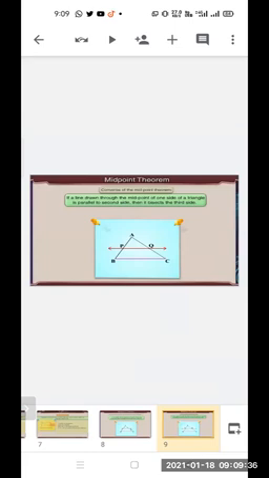If you consider AB in triangle ABC, P is the midpoint of AB, and the line passing through it is parallel to BC, then it bisects the third side, which means AQ is congruent to CQ. Is it clear? All these theorems and properties that we have learned till now, we are going to apply and solve questions.